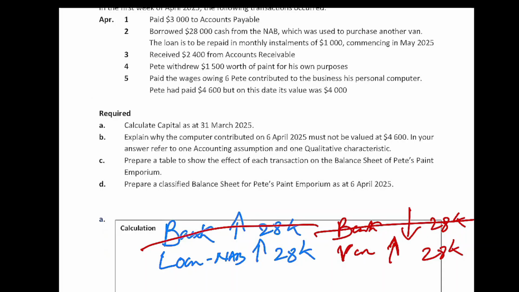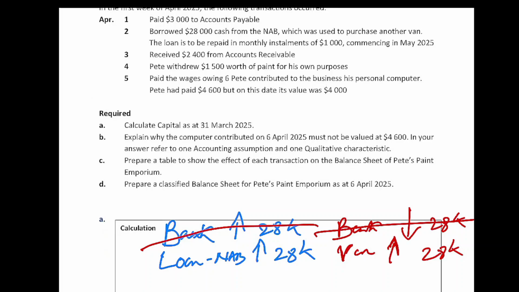Technically, you can cross these two. So the net impact, you can write reverse, or write something like this. These two are the net impact. That's what we have in the example.